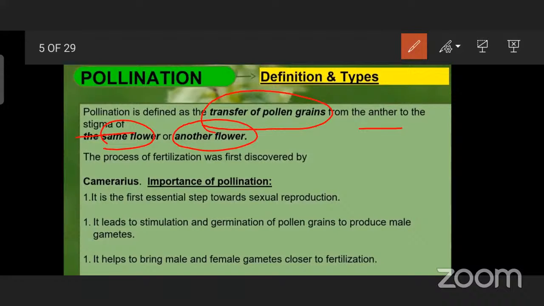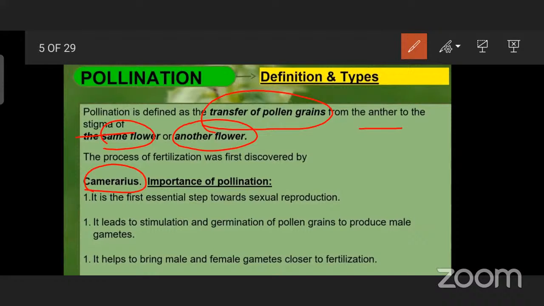This is known as pollination. The process of pollination was first discovered by Camerarius. Okay students, this is the definition of pollination.